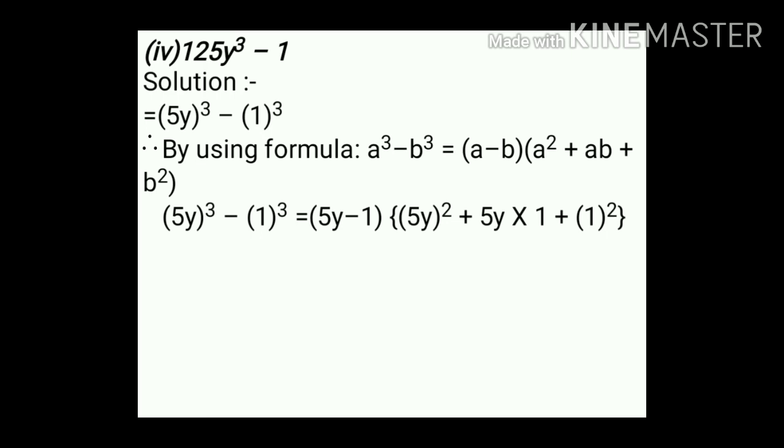After expanding, children, we solve now. Equal to 5y minus 1 will be as it is because these two are unlike terms. 5 square is 25y square, plus 5y into 1 we get 5y itself, plus 1 square is 1.